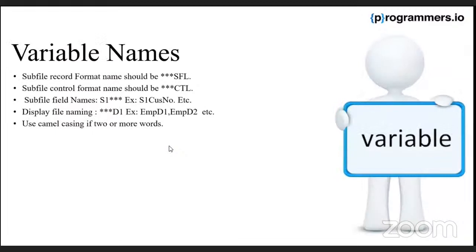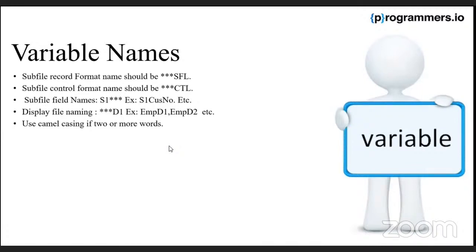So for variable names, if we are coding in RPGLE and RPG, we use subfiles a lot. Whenever we write any subfile, the subfile record format name should be the base name with the suffix SFL, and the control format name should be the name with the suffix CTL.